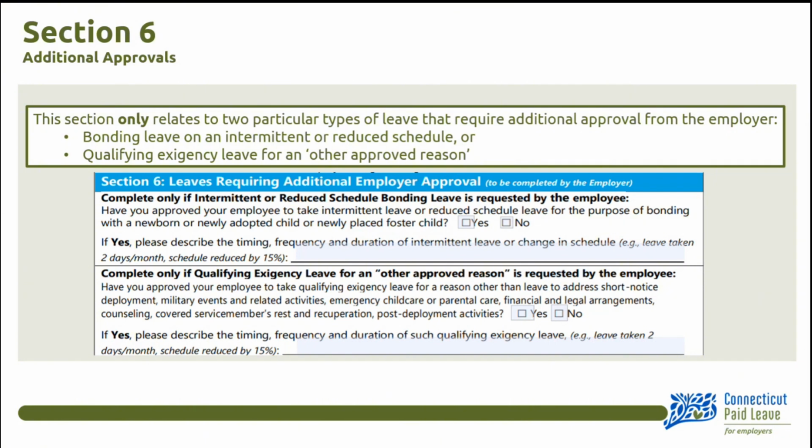If either of these situations apply, you will know it because you've approved it for FMLA, and we simply need to know the frequency and duration of the leaves that you have approved. If neither of these 2 leaves apply to your worker, skip Section 6 entirely.